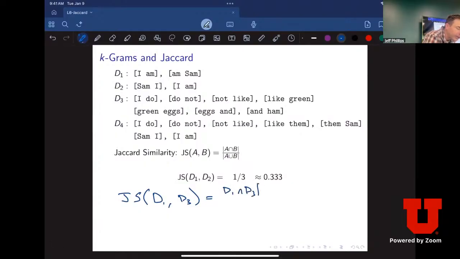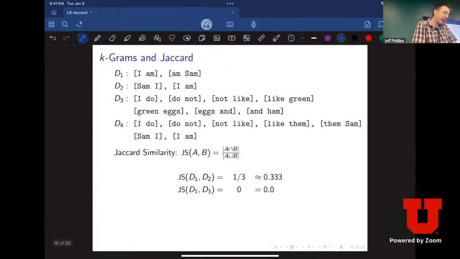The intersection between them is 0, so I don't even need the denominator, but the size of the union is going to be 9. So 0 divided by 9 is 0. So D1 and D3 are not that similar to each other. "I am Sam" and "I do not like green eggs and ham" rhyme, but otherwise there are no overlapping words between them. So I get 0 here.